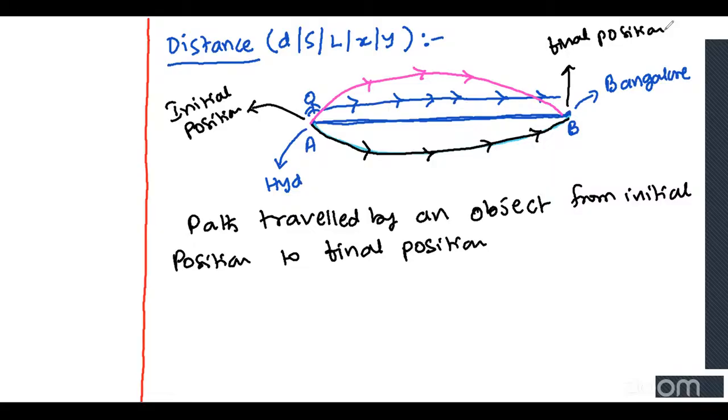It can move in any direction. In any direction, distance is defined as the path traveled by an object from the initial position to the final position.